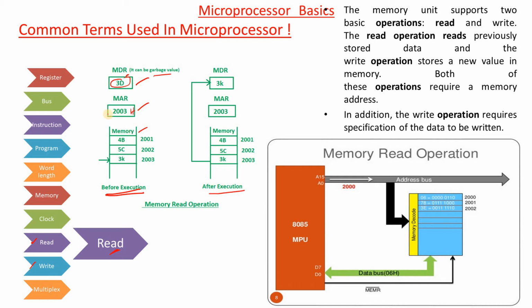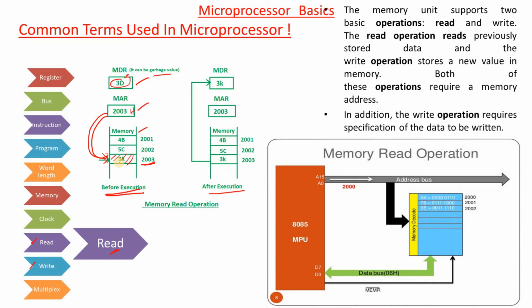With the help of the memory address register, we point to the 2003H address, because the address is 2001 for this location, 2002 for this location, 2003 for this location. Inside the locations are data values. With the help of the memory address register, we point to this location because address 2003 is there. That means this is the selected location.